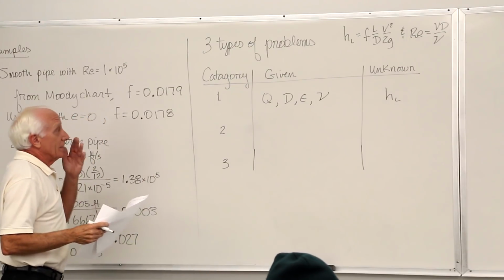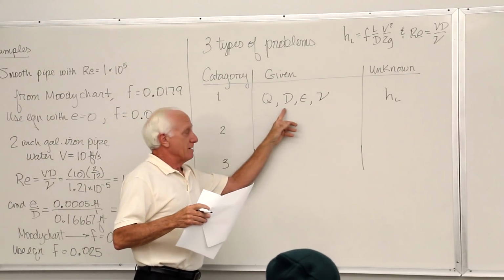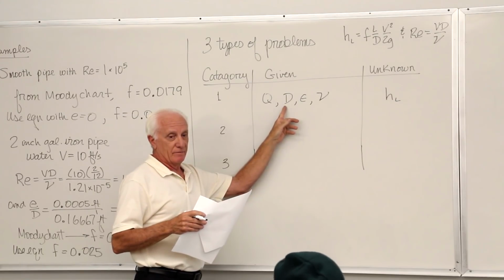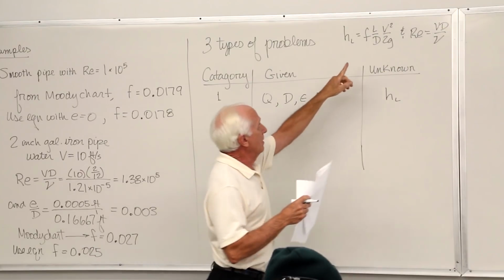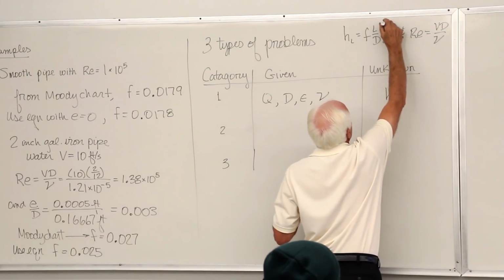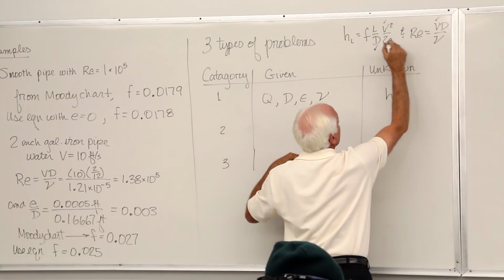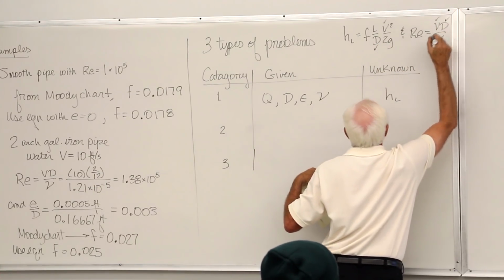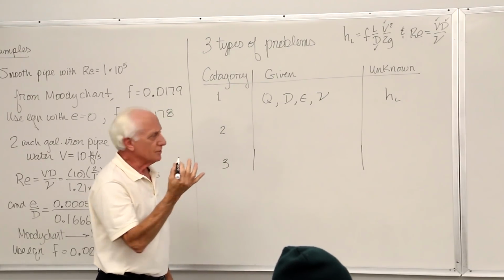Okay, so what do I do? Well, I take Q and I divide it by the area, pi d squared divided by 4. That gives me the velocity. So I know the velocity. I'm given the diameter. I'm typically given the length too. So I know the length.